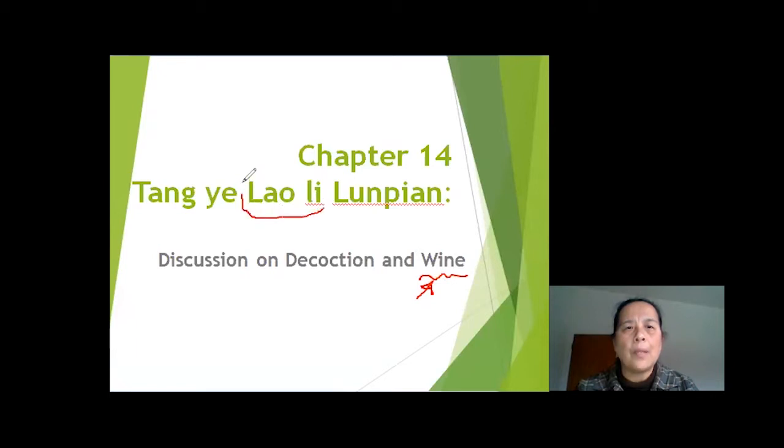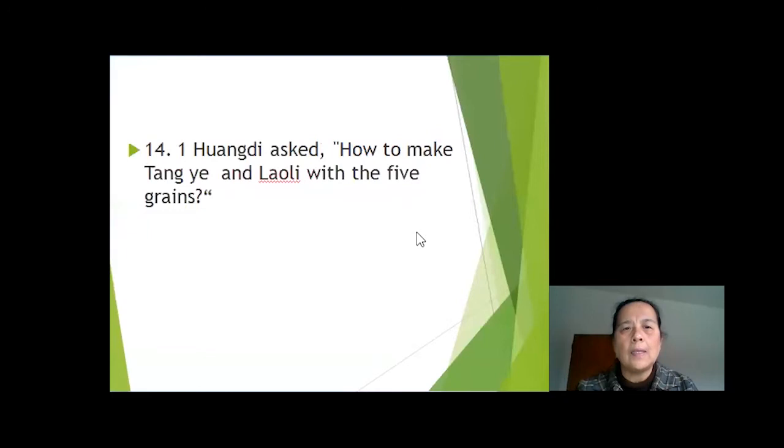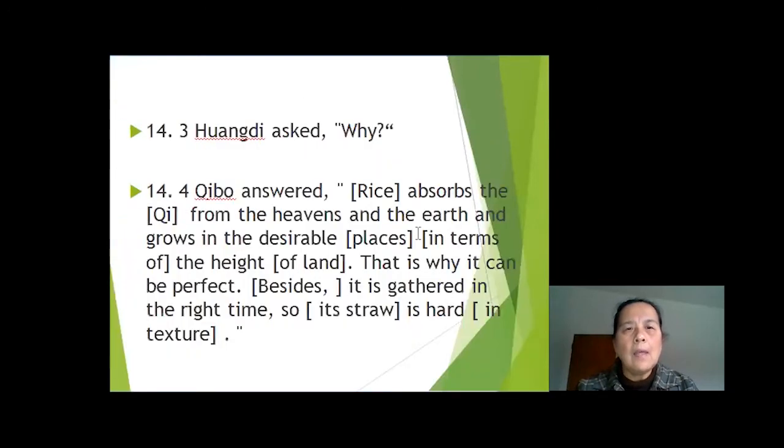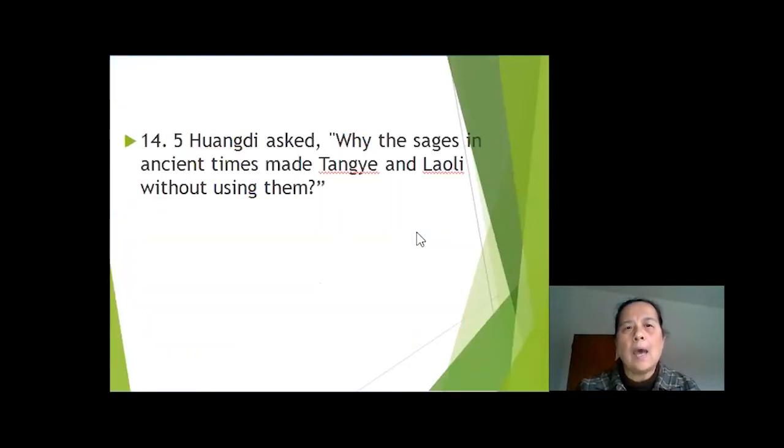We separate 汤液 and 醪醴 here. 汤液 is just made by cooking rice for the soup. 醪醴 is using rice to make wine. So that's the 汤液醪醴.